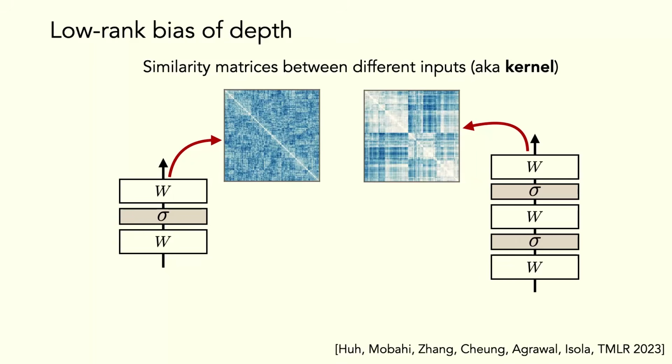Every row is a data point and every column is another data point, and the blue value is the similarity in the representational vectors at the output of that network. We'll see these kinds of kernels a few times. This is a kernel that characterizes the representation at the output of the network over the input data. And if it's block structured like it is here, that means it's found clusters.